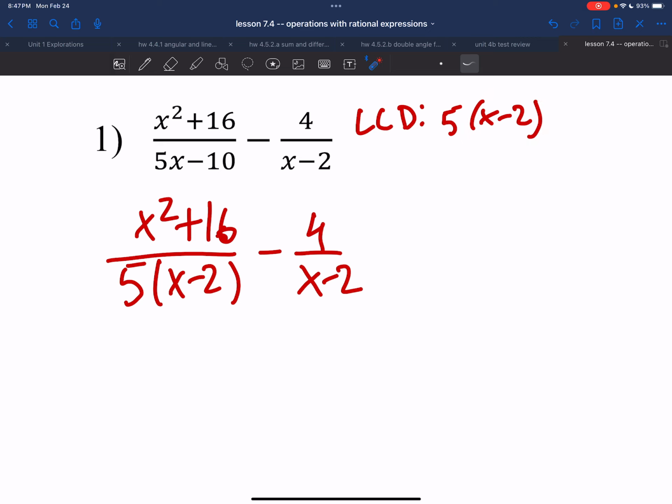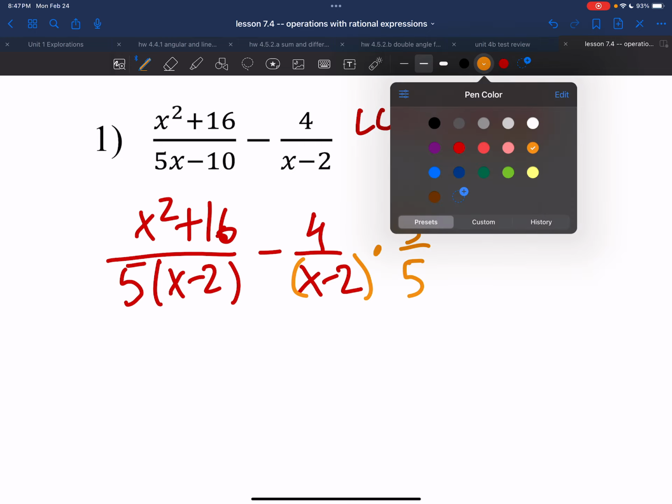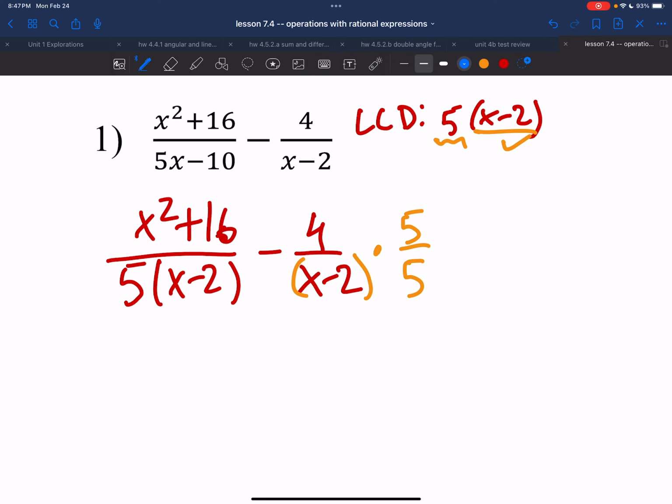You don't need another, right? You don't need actually anything else. And so if you wanted to make them match, this is x minus 2. You just need the 5. So you multiply this one by 5 over 5. And notice, as I switch to blue yet one more time, this and this are now the same.